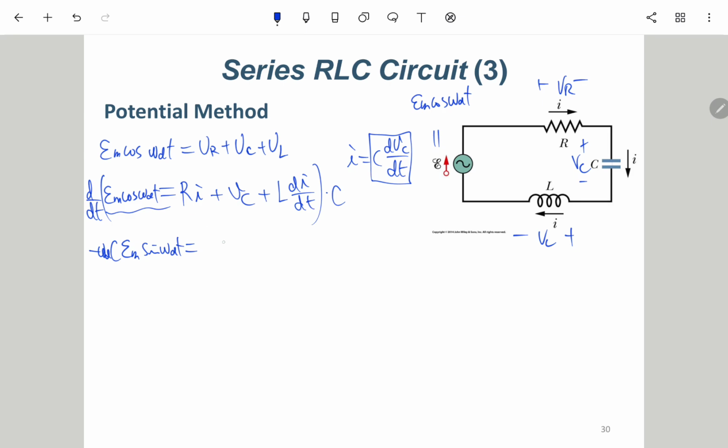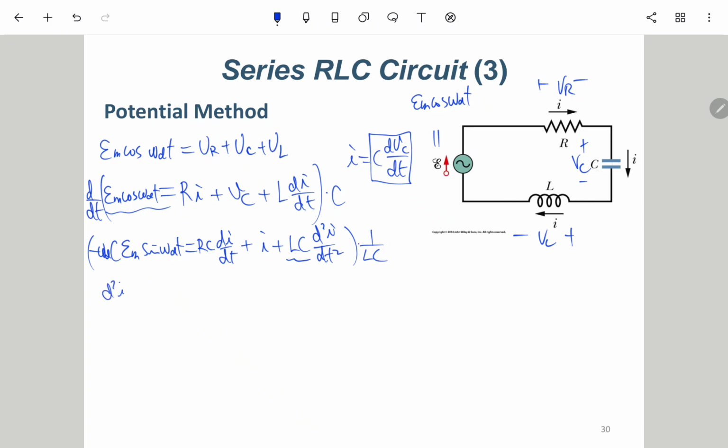Here we have R C dI/dt, and then this one is C dV/dt, which is I, and then we have L C d2I/dt2. Then we can try to normalize it by dividing by LC on both sides.